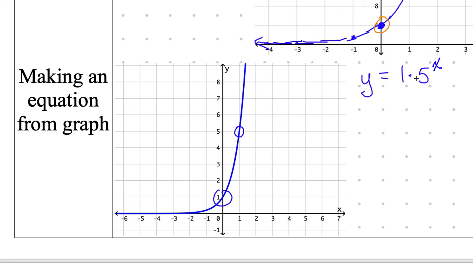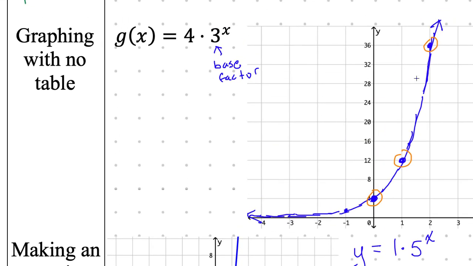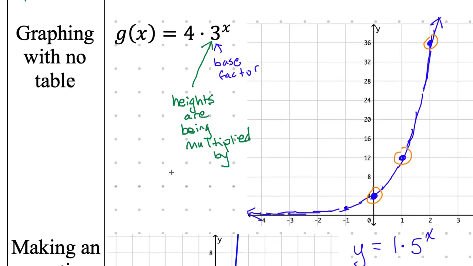Question, Esha. Yep, that's it. So the reason that Jade, so this is going to the last problem. Yes. The reason Jade multiplied by 3 is because it's 4 times 3 to the power of x, correct? Yep, so this 3, that's the heights are being multiplied. So by looking at the equation, we can automatically figure out what we're going to need to multiply by. Exactly. Okay, now I understand.